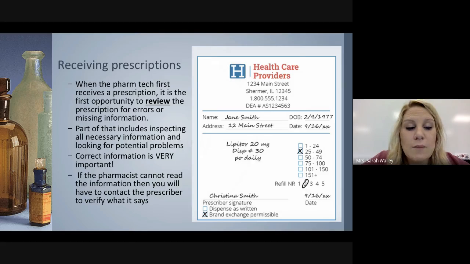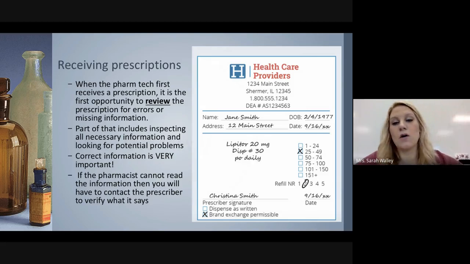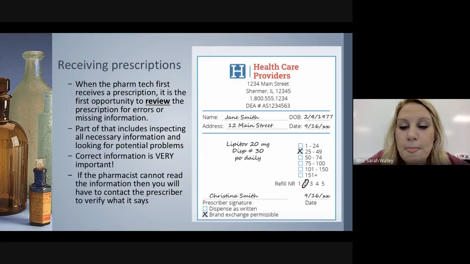Correct information is very important. If the pharmacist cannot read the information, then you will have to contact the prescriber, which is the doctor who prescribed it, to verify what it says. So first, if you can't understand what it says, you go to the pharmacist. If the pharmacist can't understand it, the pharmacist would call the doctor who prescribed it. And here's just an example.